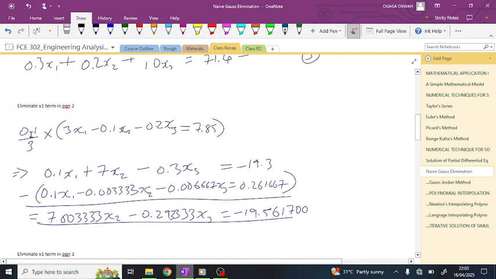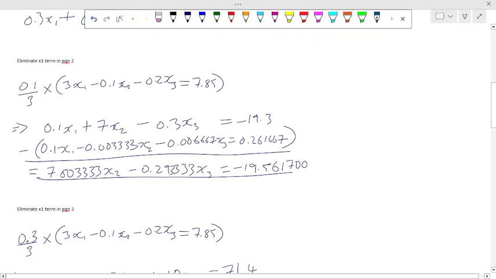When you do that, you will have this expression. Then the answer, you subtract it from equation 2. So let's make this bigger and clear.